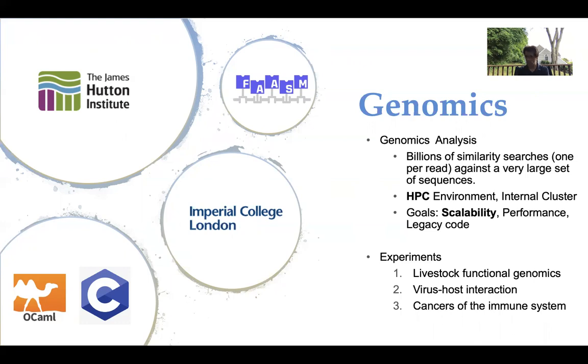And they have also a problem of existing code and pipelines in genomics. So we will see how the combination with Imperial College technologies in serverless has been really fruitful. They also will present three experiments about livestock functional genomics, virus-host interaction, and cancers of the immune system.